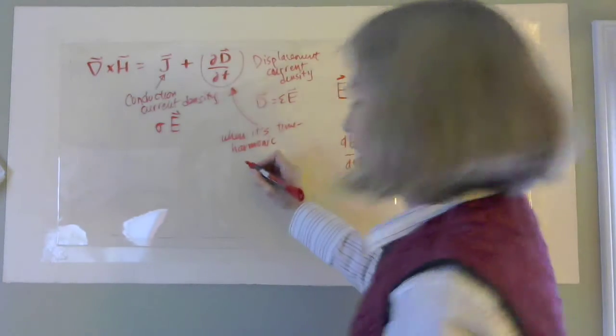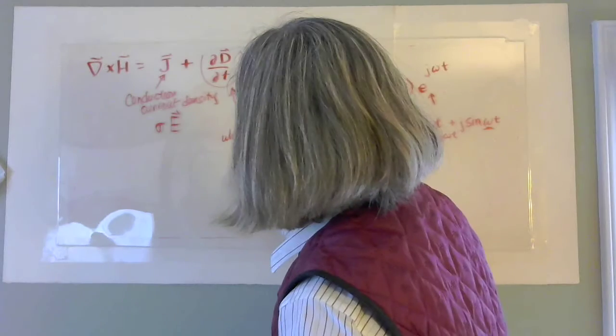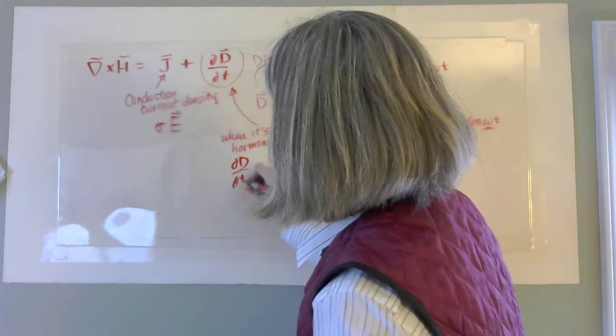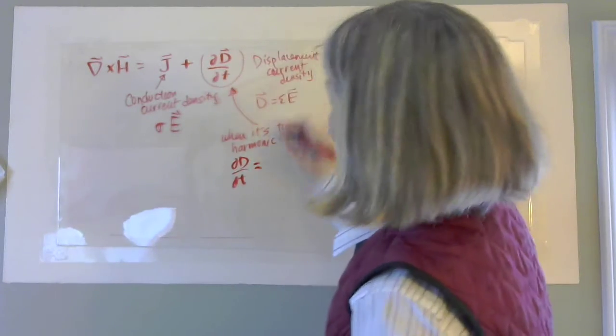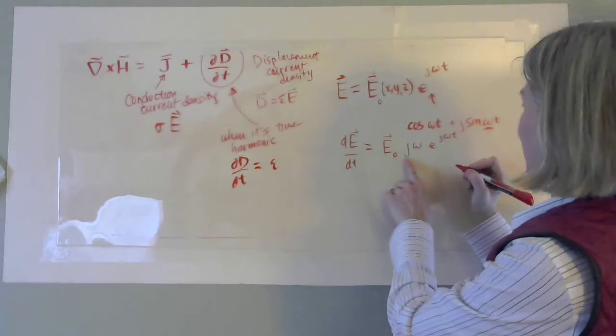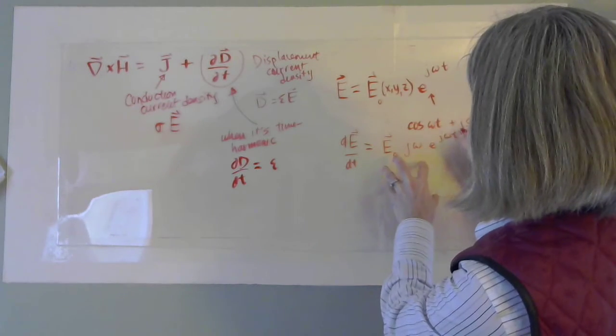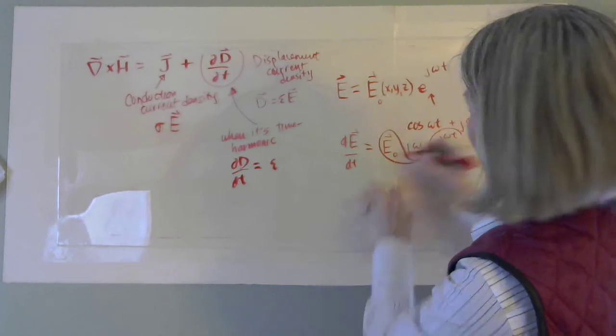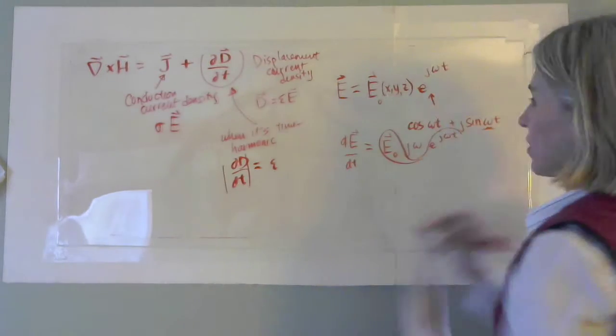When it's time harmonic, dD dt becomes j omega epsilon, and this is just the original E. And we're going to put amplitude on it, so we're going to ignore this j.